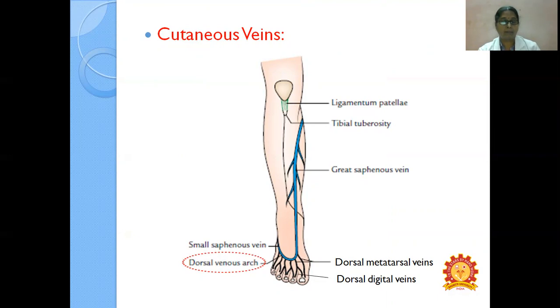This great saphenous vein starts from the medial end of the dorsal venous arch and ascends upwards in front of the medial malleolus, then it ascends along the medial side of the leg. It is accompanied by the saphenous nerve.